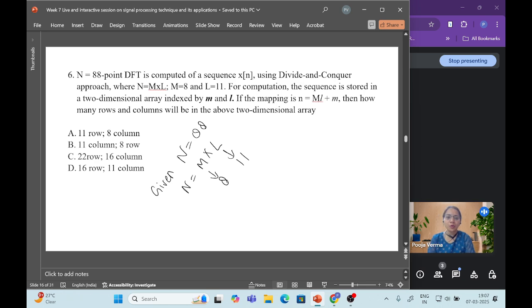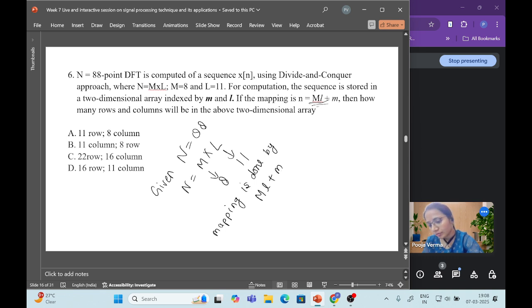For computation the sequence is stored in a two-dimensional array indexed by M and L. If mapping is done this way, then how many rows and columns will be in the above two-dimensional array? They are saying that the mapping is done as capital M l plus m.